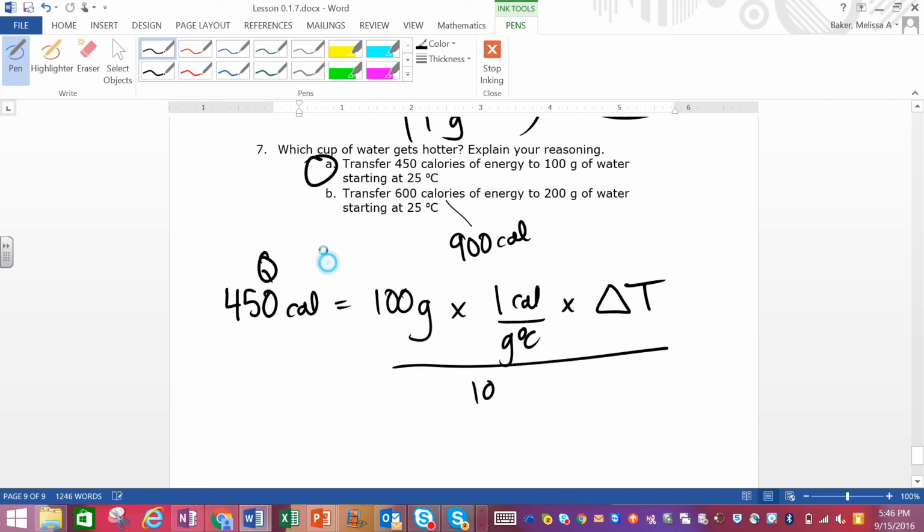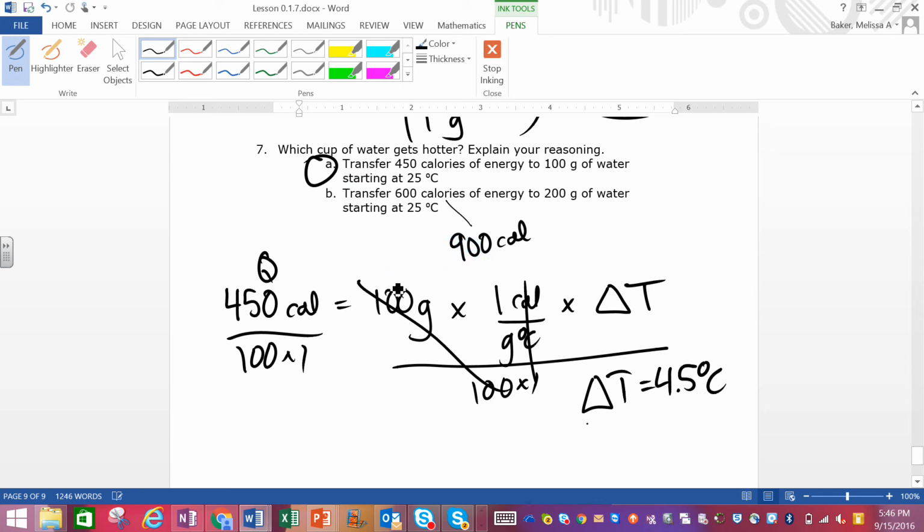I can divide both sides by 100 times 1, and I get 450 divided by 100. The change in temperature, this all cancels out, equals 4.5 degrees Celsius. So it's going to go up from 25 to 29.5 degrees Celsius in situation A.